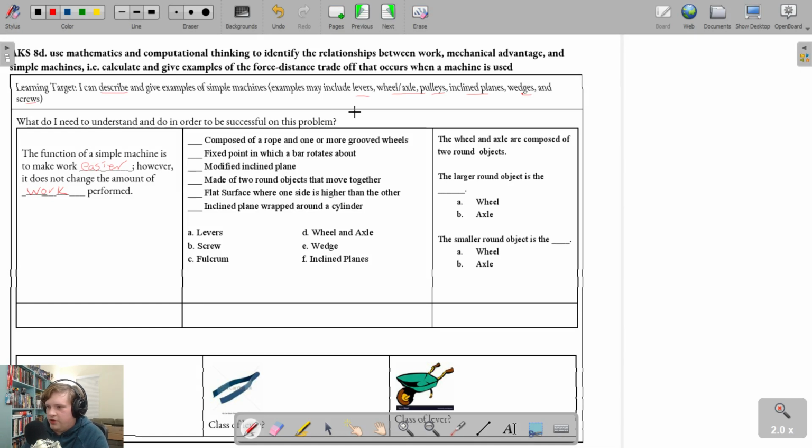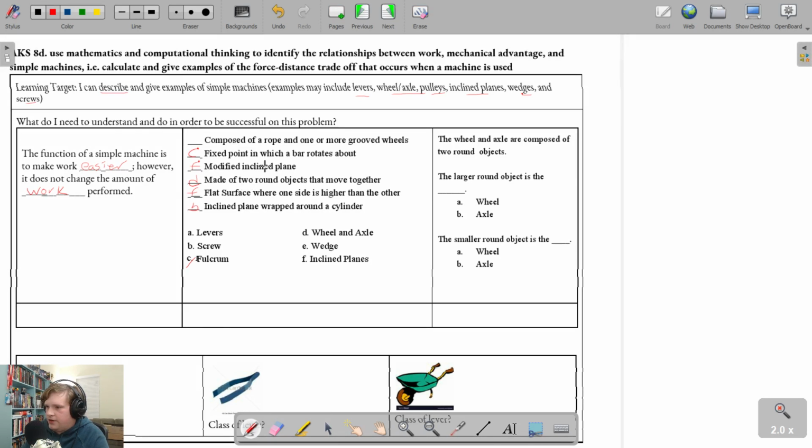I don't know. Fixed point in which bar rotates about. Well, we know that's fulcrum. Modified inclined plane. Well, that's an inclined plane. Made of two round objects that move together. That's wheel and axle. Flat surface where one side's higher. That's inclined plane. Inclined plane wrapped around a cylinder. That is our screw.